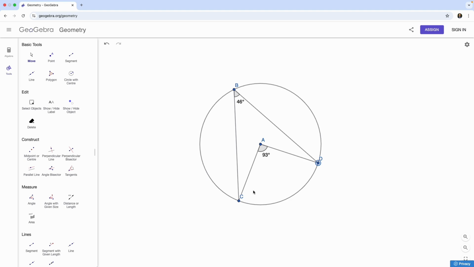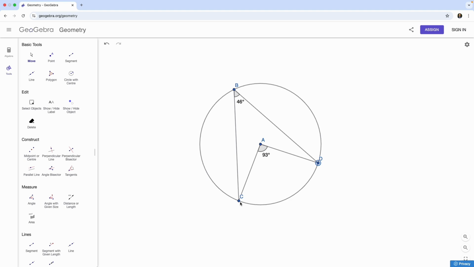Okay, so how did you get on with that? So we have 46 degrees here and 93 degrees here. We need to think about rounding because this could be 45.5, still rounded to 46, and this could be 92.5 rounded to 93.